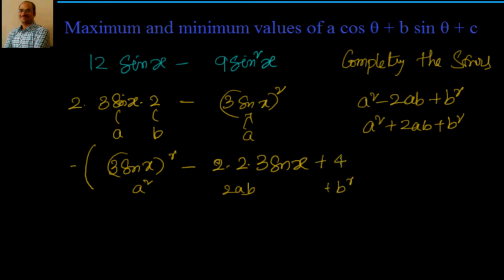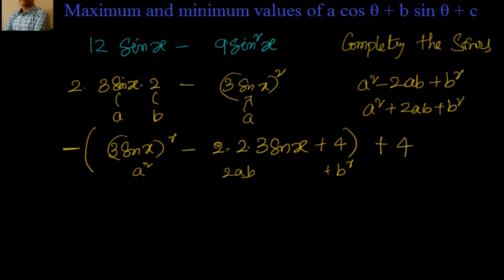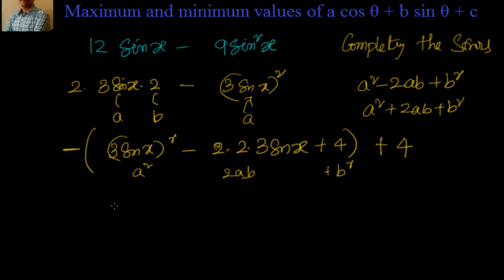B value is 2. So it should be 4. Now remember that minus 4 is in minus, so you have to add another 4 to it, or simply it will become 4 minus of 3 sin x minus 2 whole square.